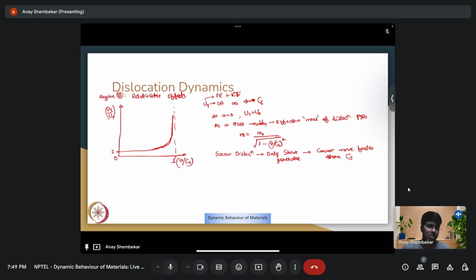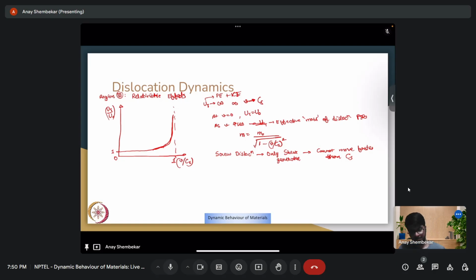However, I think Eshelby and others proposed something called a supersonic dislocation. Suppose you have an edge dislocation, you could have a combination of both dilatation and shear. So in that case, you can have something happening, but it's important to note here that experimentally we have not observed dislocation velocity to exceed the shear speed velocity.